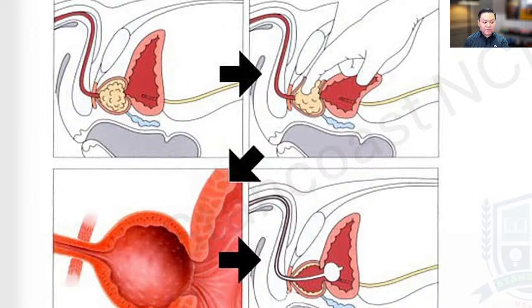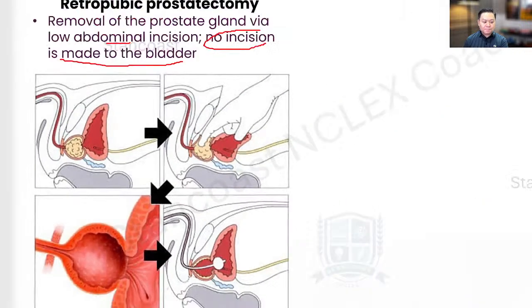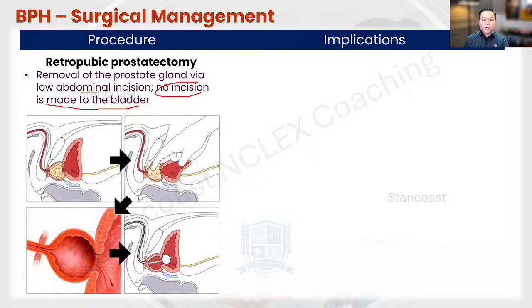They're going to get rid of that excess prostatic tissue, and then they're going to remove it, of course. And then they're going to end up with that urinary catheter, which is the three-way, to allow the continuous bladder irrigation post-op.